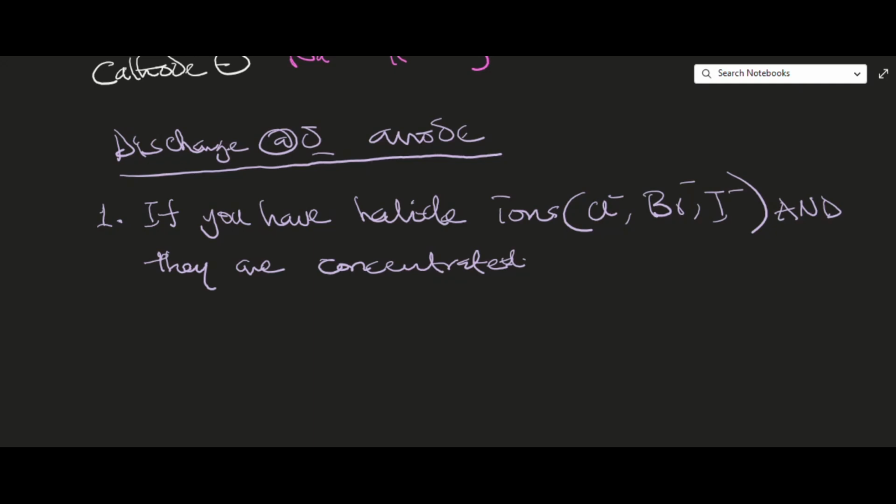When they say concentrated sodium chloride, it means the chloride in that electrolyte is concentrated. If they don't mention concentrated, you assume that it is dilute, but they will mention either concentrated or dilute for you.